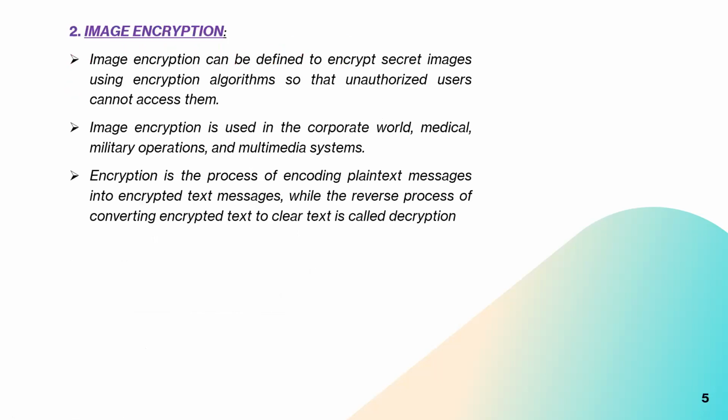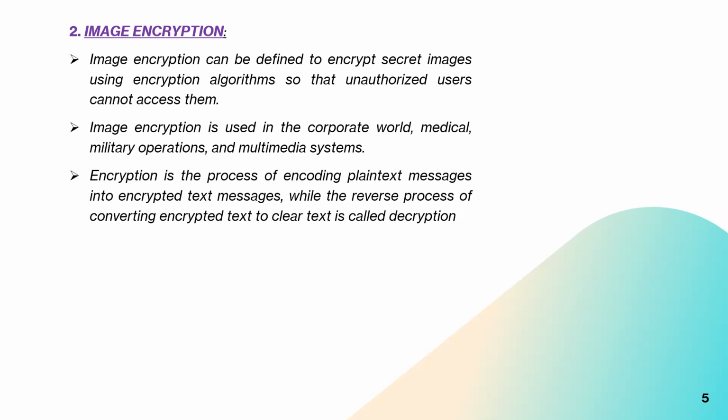The next method is image encryption. As I already said previously, encryption is nothing but changing the original format into an unreadable format, and only the intended user can decrypt it and get the content that the other person sent. Encryption is used in many fields right now because of security.